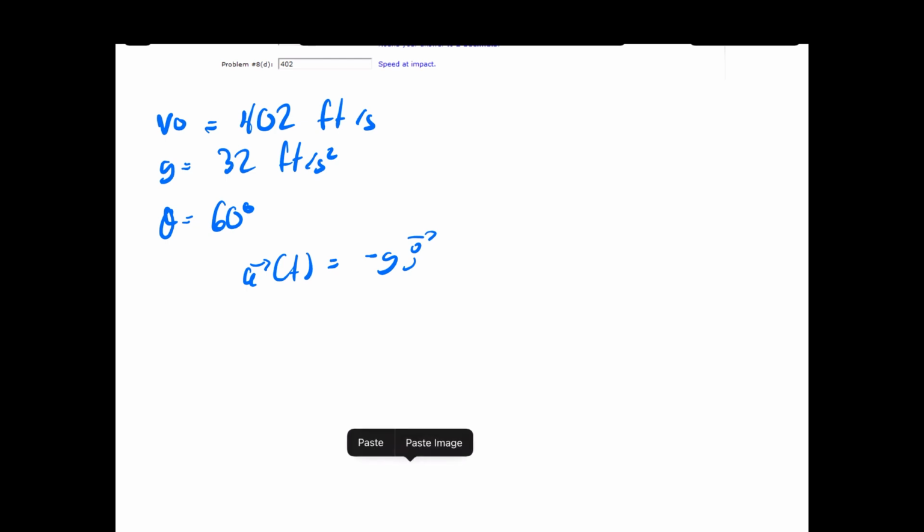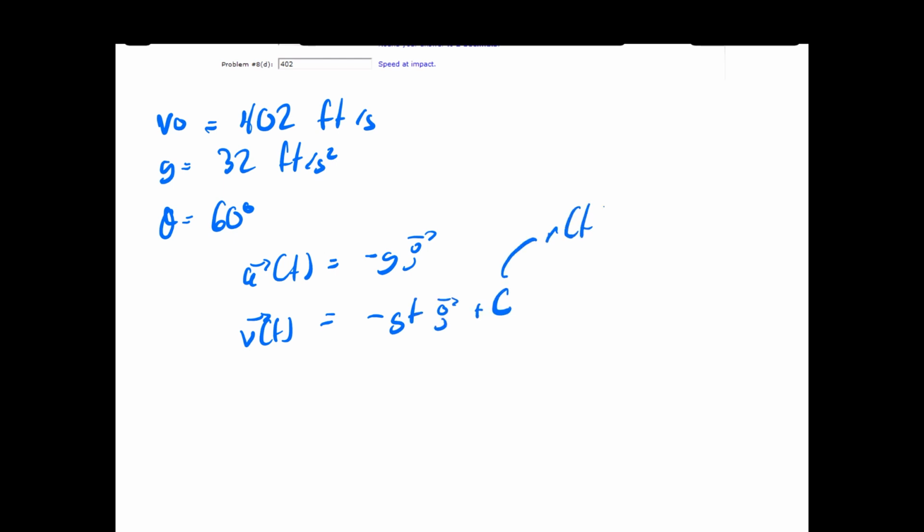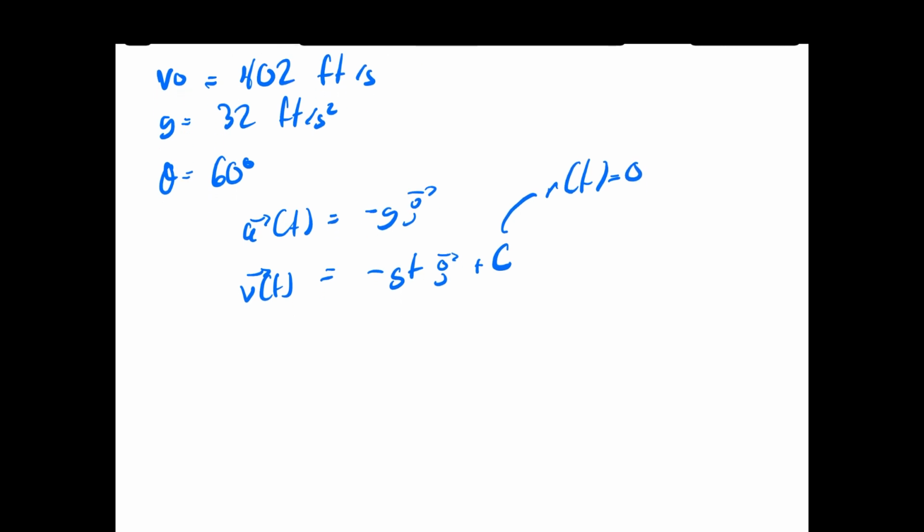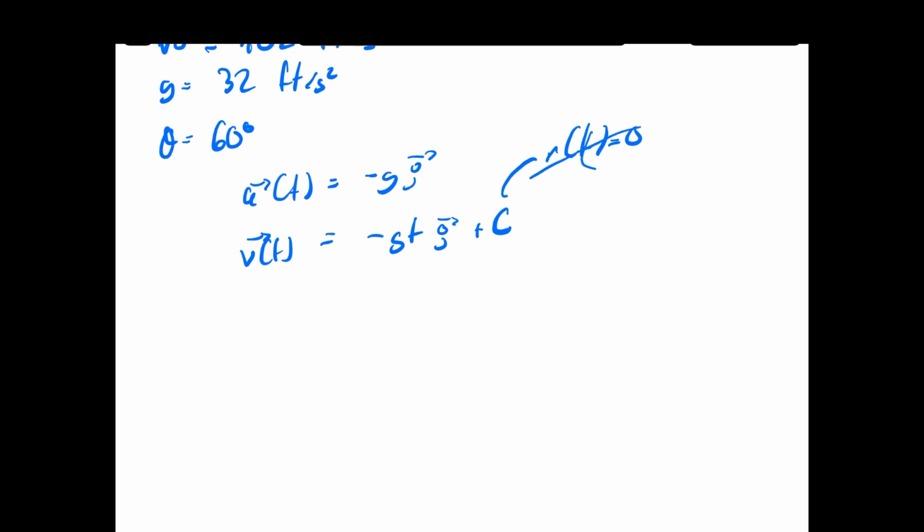And you're integrating this, and you're saying v at t equals -gt j plus c. This is just r at t equals 0, and it really goes away, so you don't even have to worry about it. But the stupidest part that you realize is that this doesn't go away yet. So you can't assume this vector yet. That was a mistake I made.